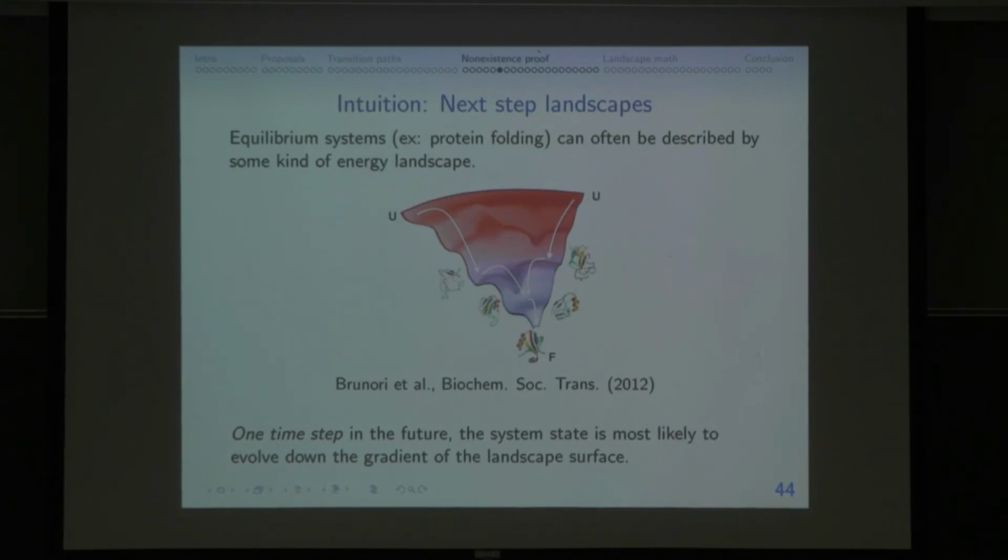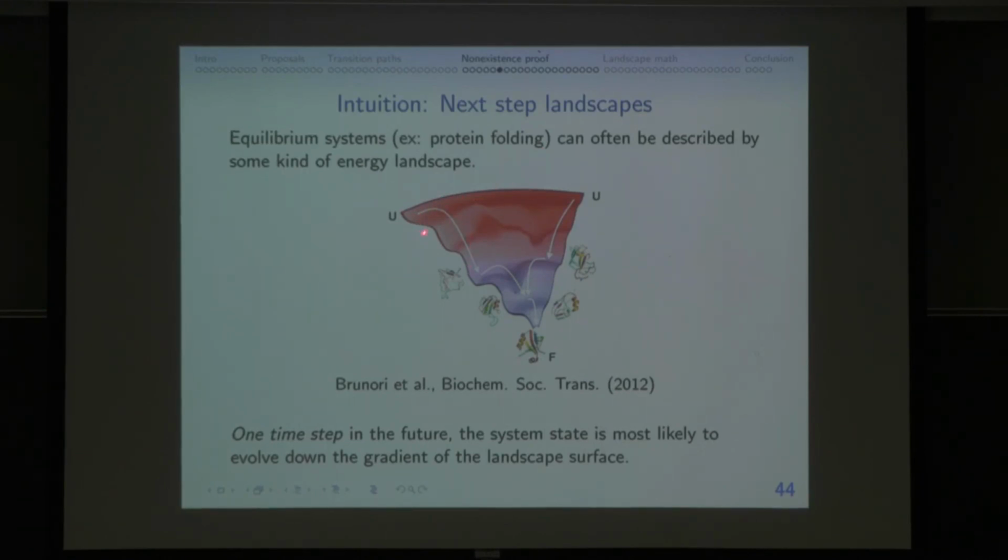In equilibrium stochastic systems, for example, protein folding, people like to imagine an energy landscape that somehow tells you about the conformations that a protein is more or less likely to occupy. And so in this picture, if I imagine starting at one point on the energy landscape and I wait one time step, I'm most likely to go down the direction of the gradient.